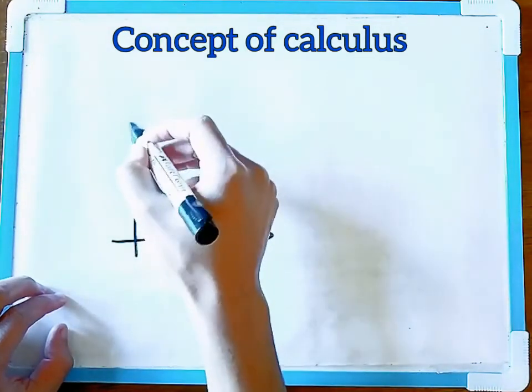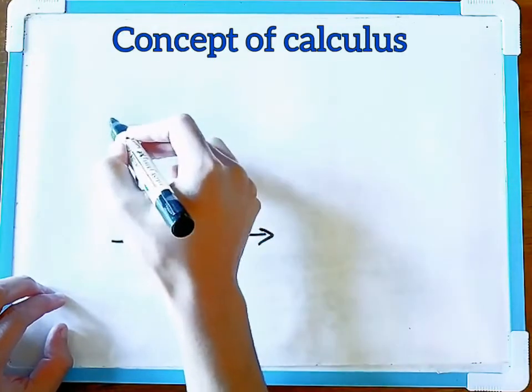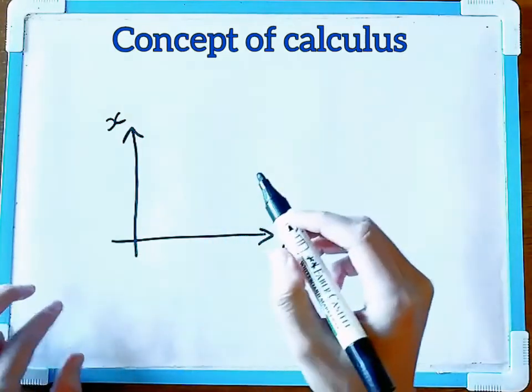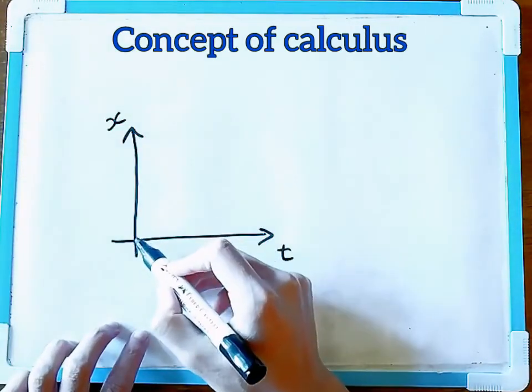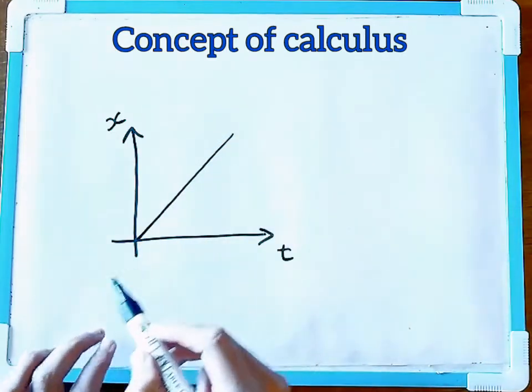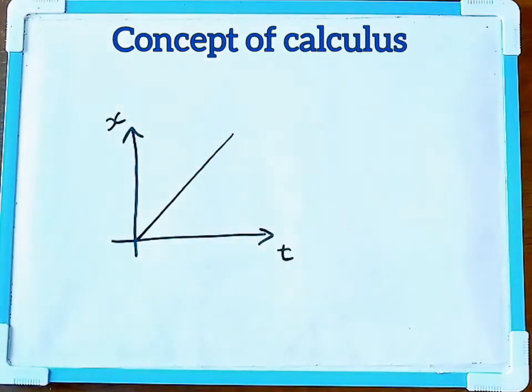For simplicity, we'll take a uniform motion. So here we have the position and this is the time graph. So this is a uniform motion. It means that the velocity here is constant.